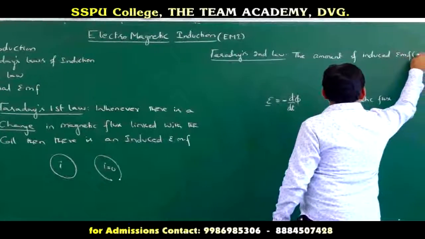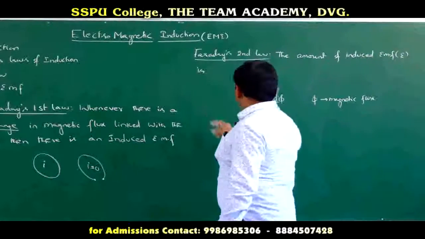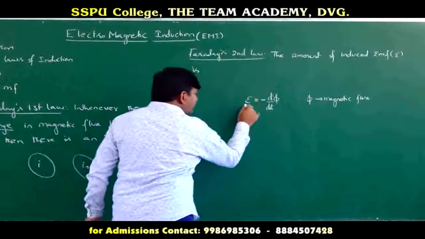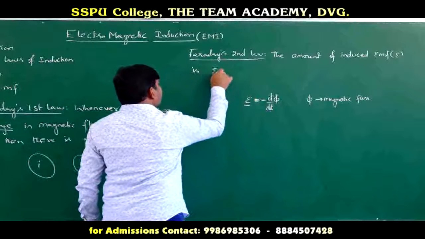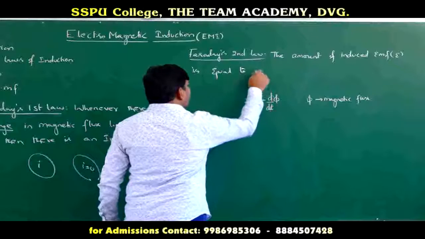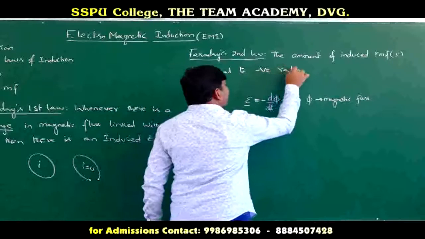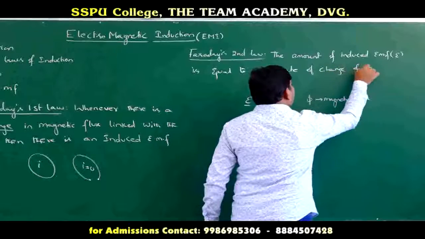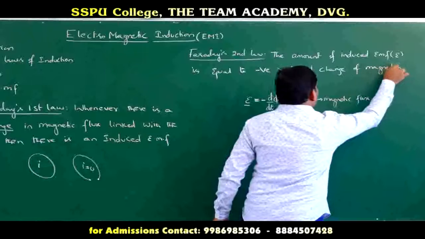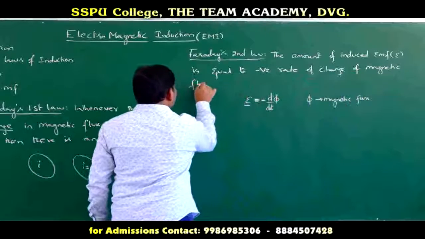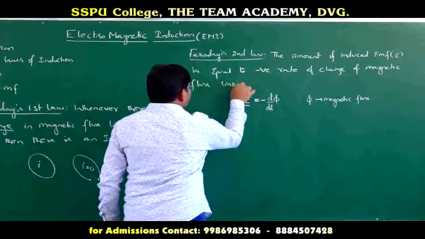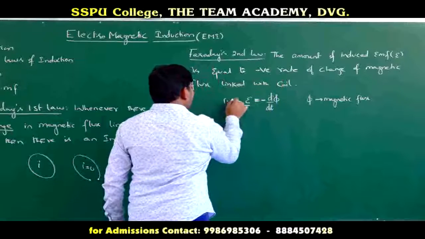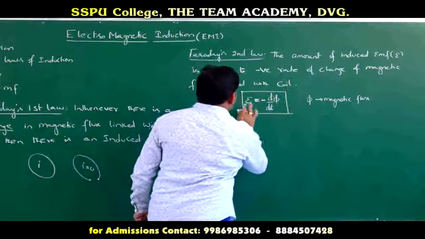The amount of induced EMF E is equal to negative rate of change of magnetic flux linked with the coil. You can write the formula like this. Is it clear or not?